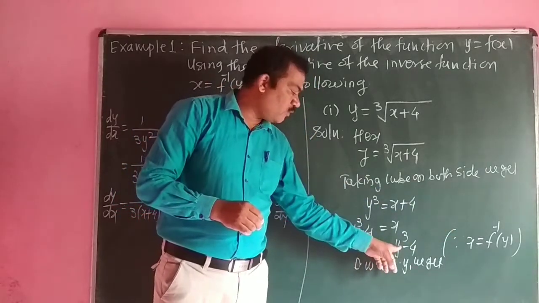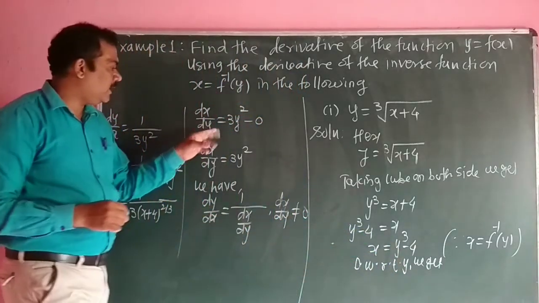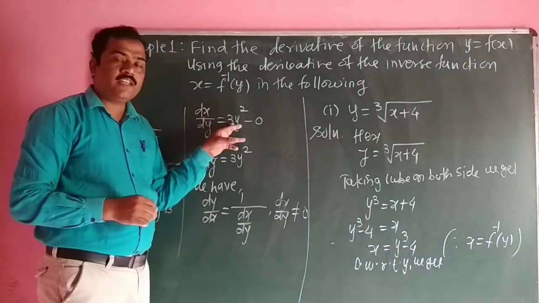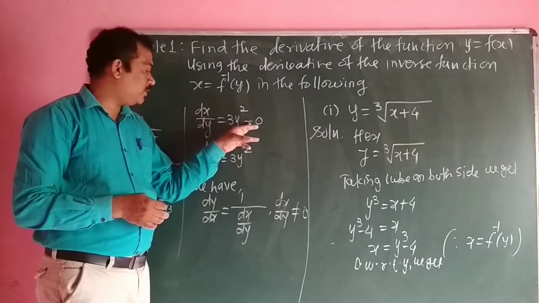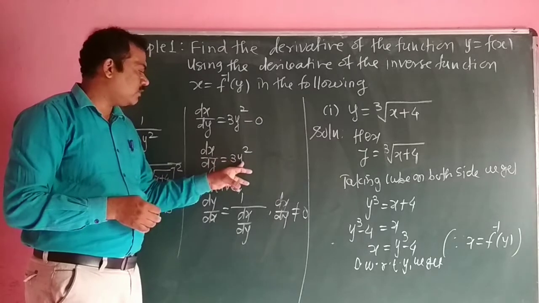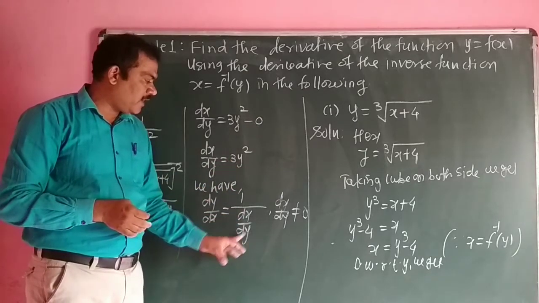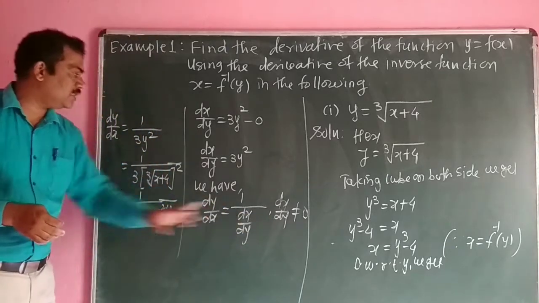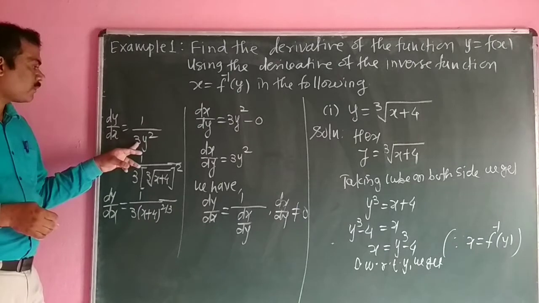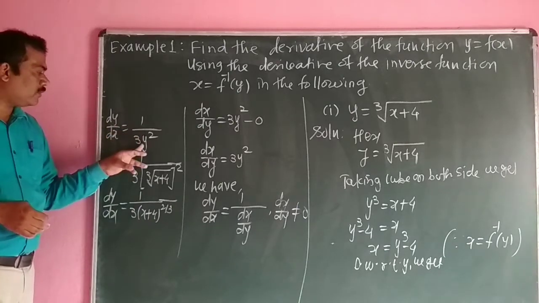X in terms of y, so we have to differentiate with respect to y. We get dx by dy is equal to the derivative of y cube with respect to y, which is 3y square. 4 is a constant, its derivative is 0. That is dx by dy is equal to 3y square. We have dy by dx is equal to 1 upon dx by dy, where dx by dy is not equal to 0. We substitute the value of dx by dy, that is 3y square, so dy by dx is equal to 1 upon 3y square.